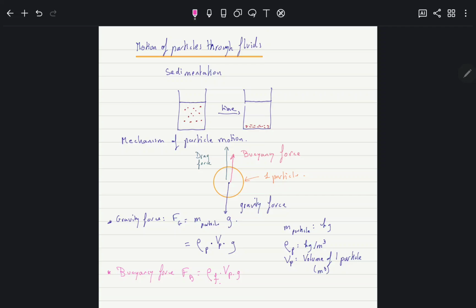So the only new quantity here is the fluid density, which is also expressed in kilogram per cubic meter.